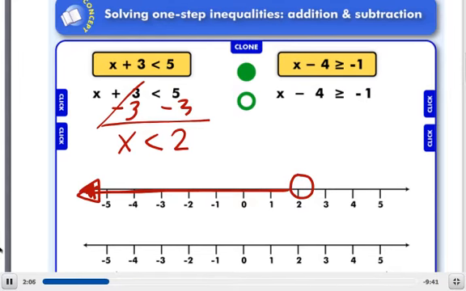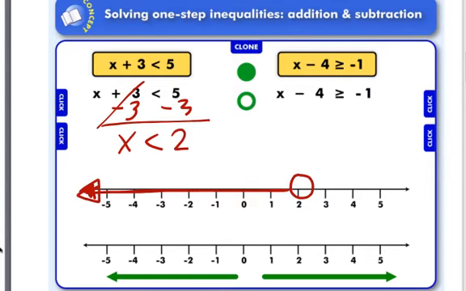Okay. On the second example, we've got x minus 4 is greater than or equal to negative 1. Again, we want to isolate our variable, so we've got to get rid of that minus 4 by adding 4. And whatever we do on one side of the inequality, we do the same on the other side. So our negative 4 and 4 cancel each other out.